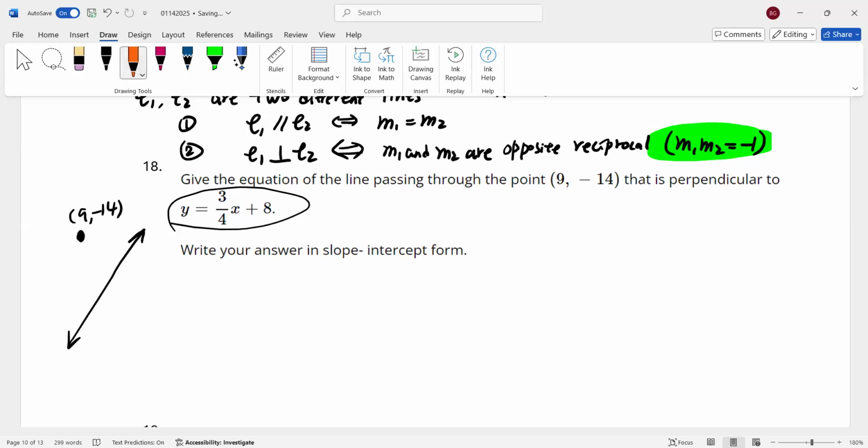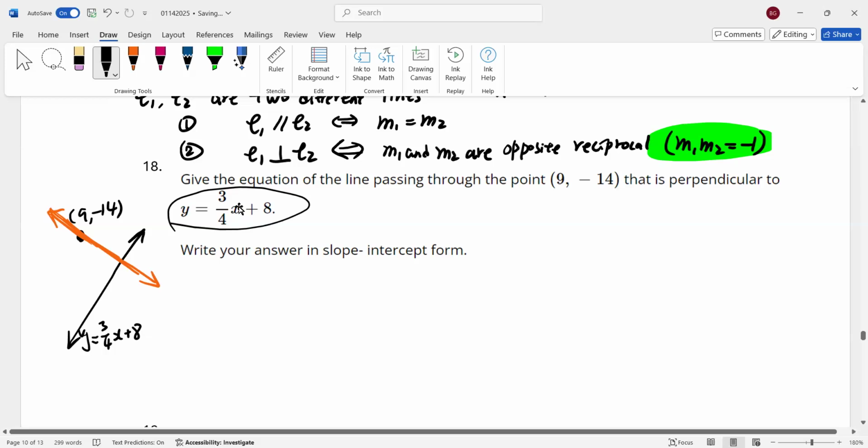So we are looking for a red line that passes through the given point and is perpendicular to the black straight line. The black straight line is y = 3/4x + 8. We are not looking for that; it's already given.